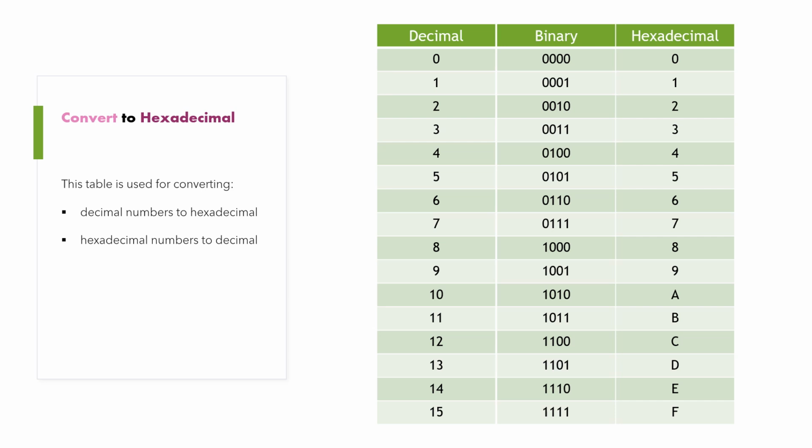Under hexadecimal, the 16 digits of hexadecimal are written orderly, 0 through 9, A through F. And then the 4-bit binary equivalent of those numbers are written under binary column. The 4-bit binary equivalent can be obtained from the chart that we use to convert an 8-bit binary number by using the lower 4 bits of that chart.